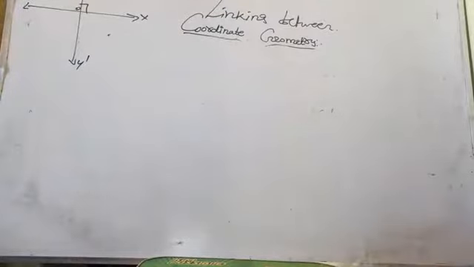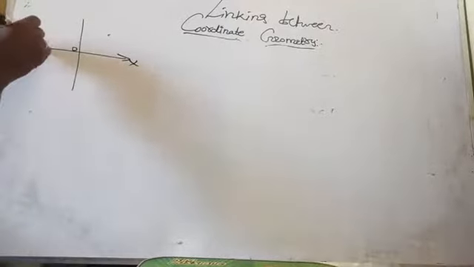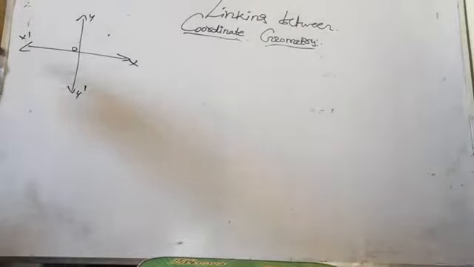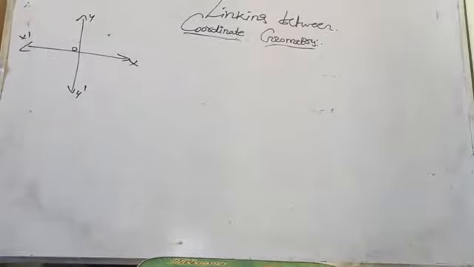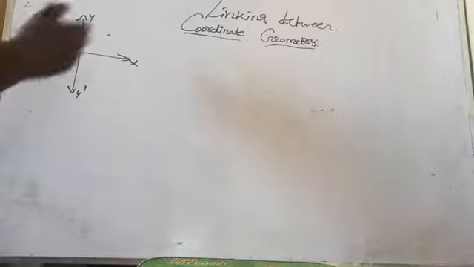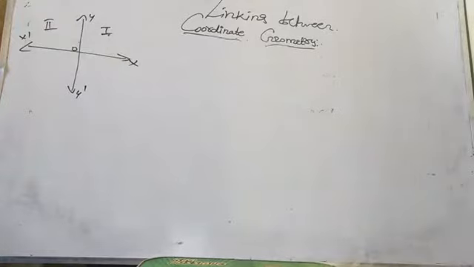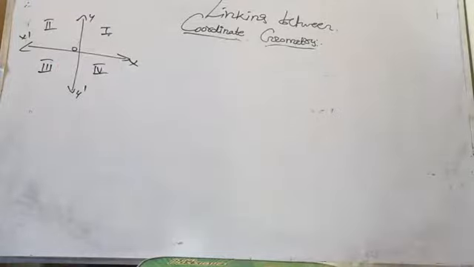That horizontal line is called the X-axis. The vertical one is called the Y-axis. So XOY is the first quadrant, YOX dash is the second quadrant, X dash OY dash is the third quadrant, and XOY dash is the fourth quadrant. Am I right here?